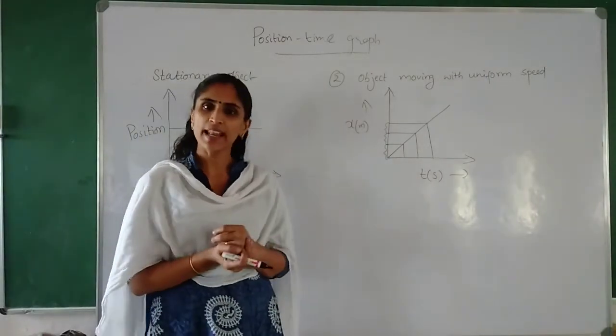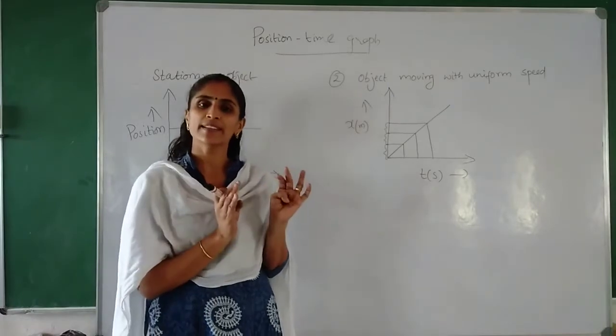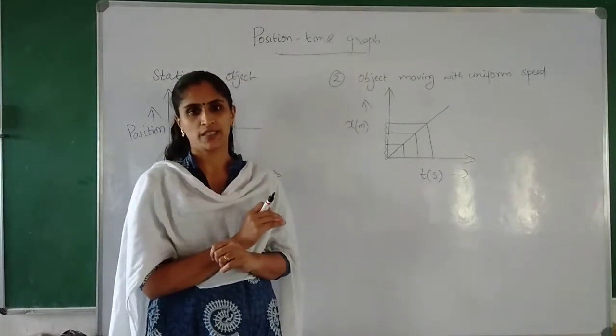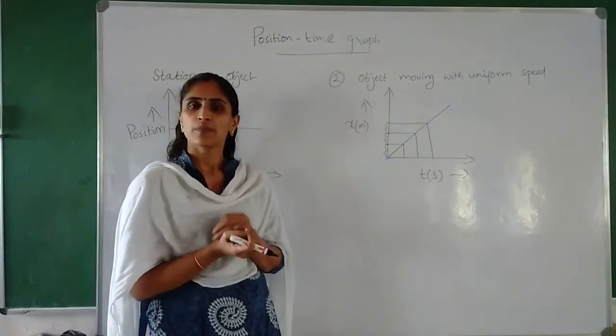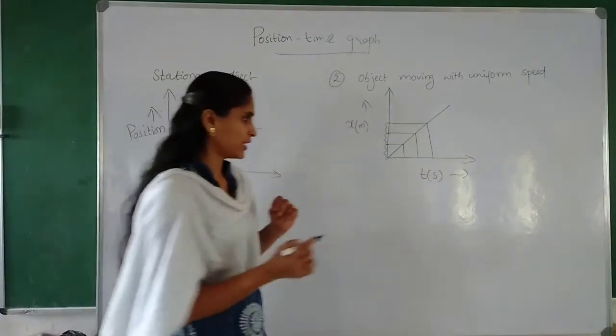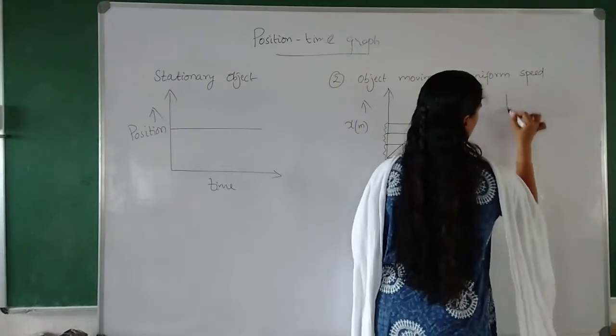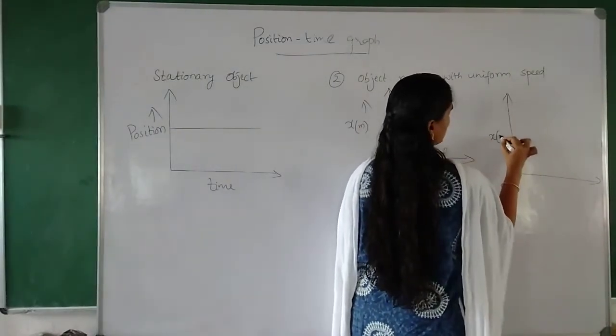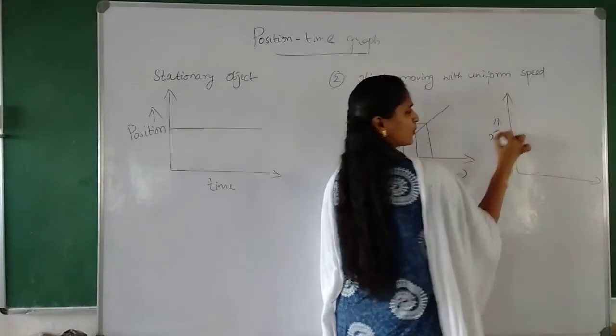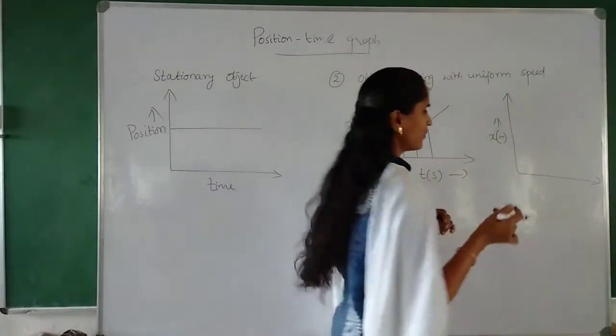And from this graph, we can find the speed of the object. So how to find the speed of the object from position time graph? So our position time graph is given. Position, it is marked meters or kilometers, depending on the problem it will be given.